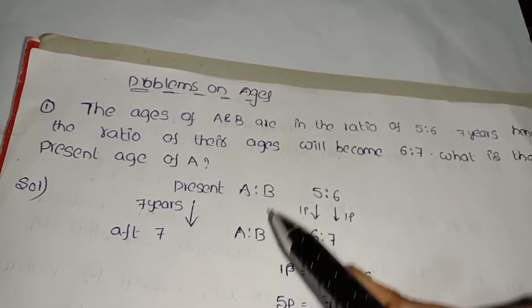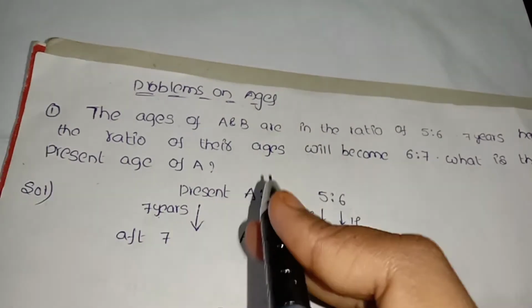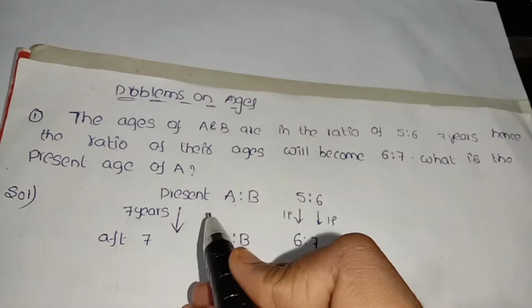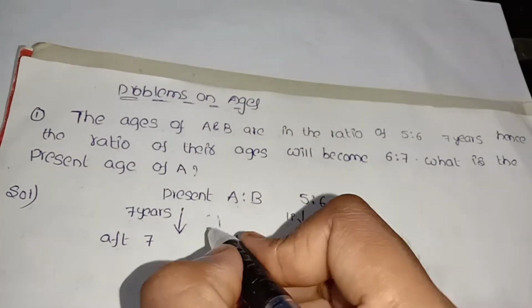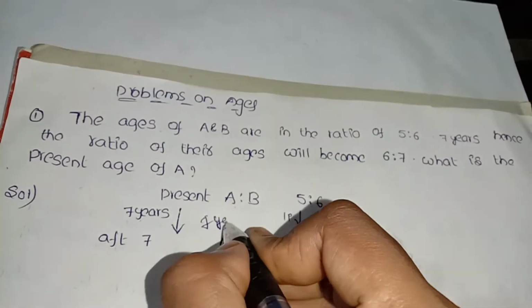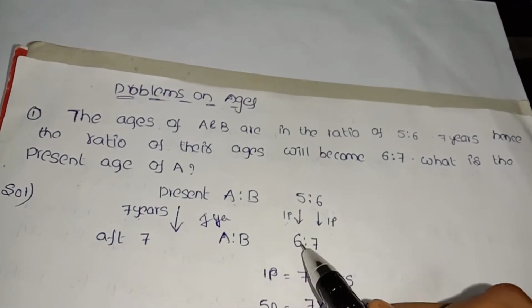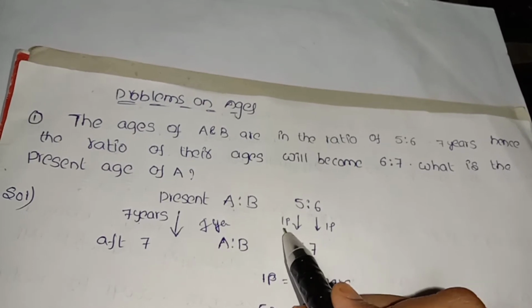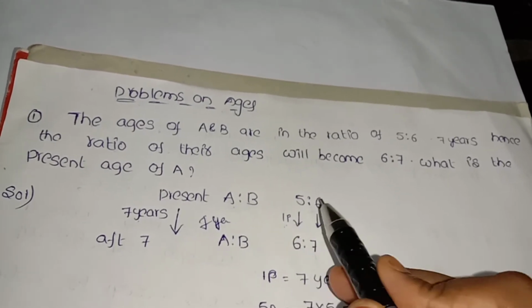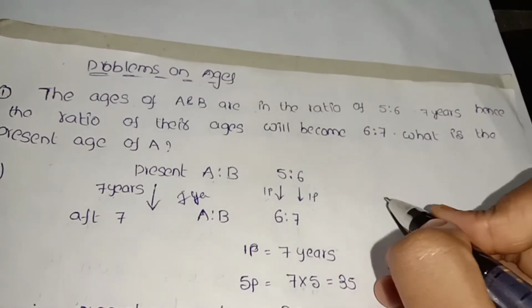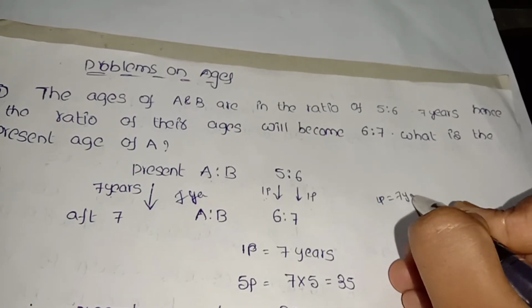What is the difference between these two? The difference between present and after is 7 years, right? And the difference between these is one part: 5 to 6, one part, and 6 to 7, one part. So, one part equals 7 years.